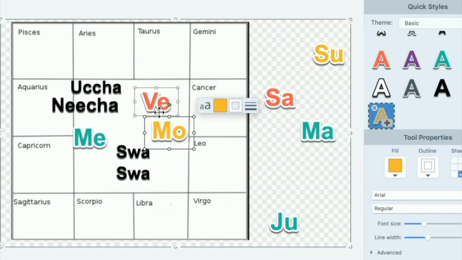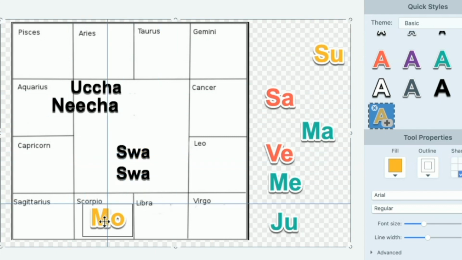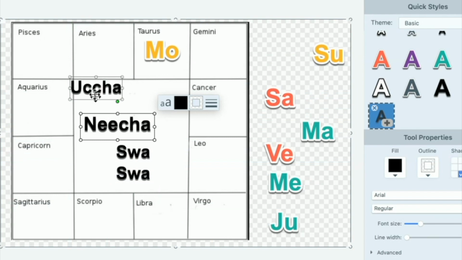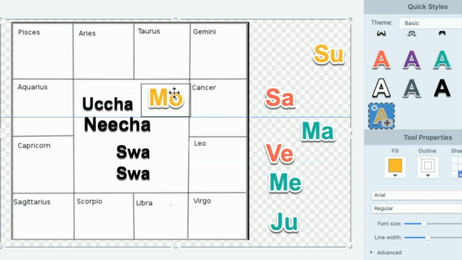Now, what about the moon? Where is the moon debilitated and exalted? Scorpio, it is debilitated in Scorpio and exalted in Taurus. Yes, perfect. Okay, so what's one good way to remember why it's exalted and debilitated? The moon does not like sudden changes, and it is very difficult to let go of things.